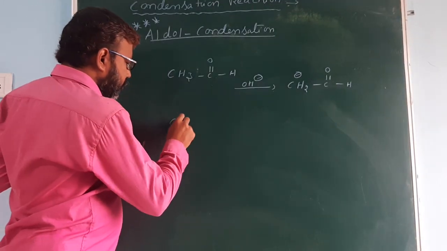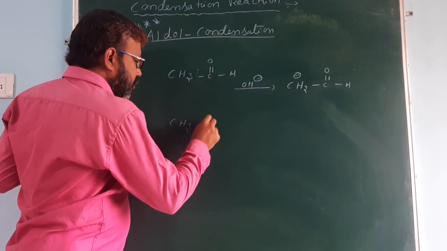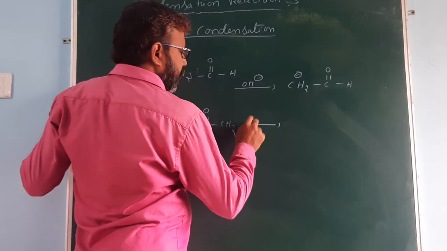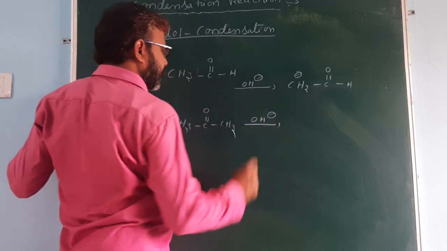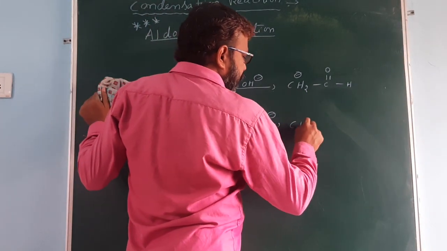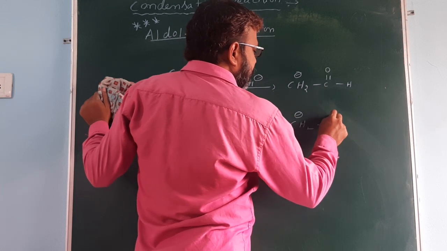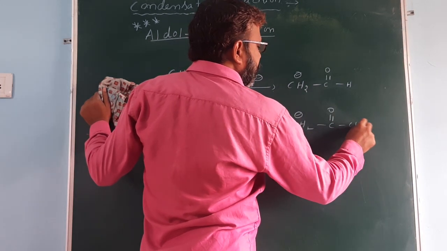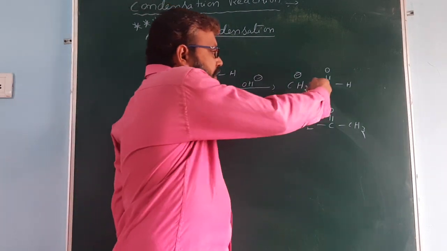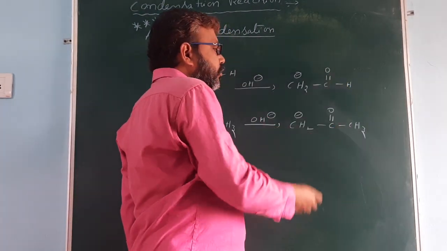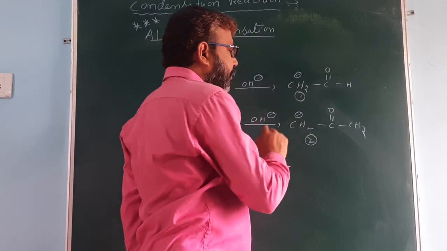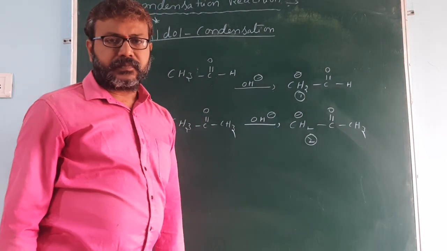In ketone or acetone, C double bond O CH3, with OH minus, removal of a proton from this carbon gives CH2 minus C double bond O CH3. The aldehyde group is an electron withdrawing group, so this carbanion is more stable than the second one.